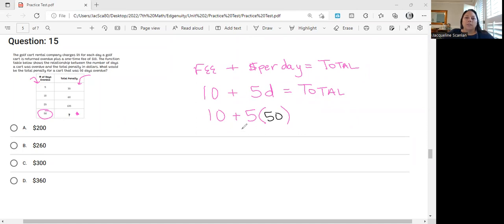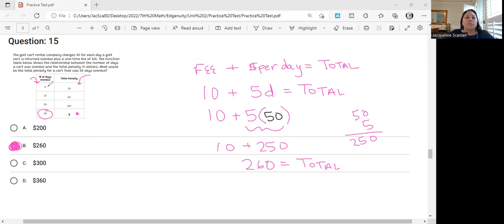All right, so I'm going to do my multiplication first, following order of operations. 5 times 50 is 250. So 10 plus 250 is going to give me 260. And that represents the total amount of money that I owe. So 260 is B.